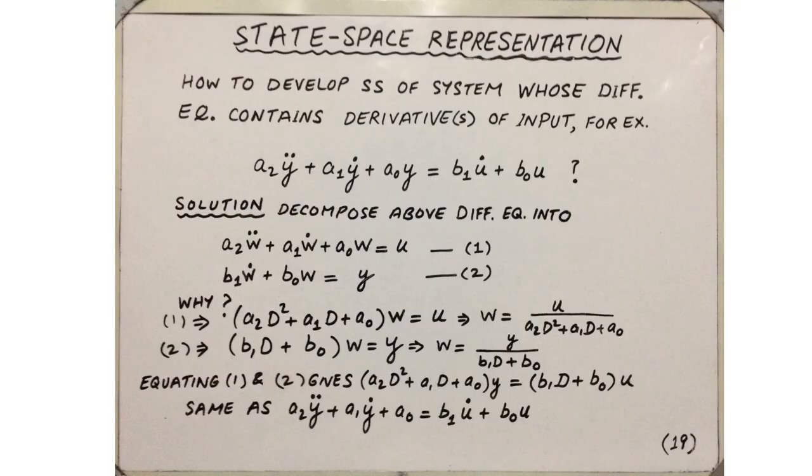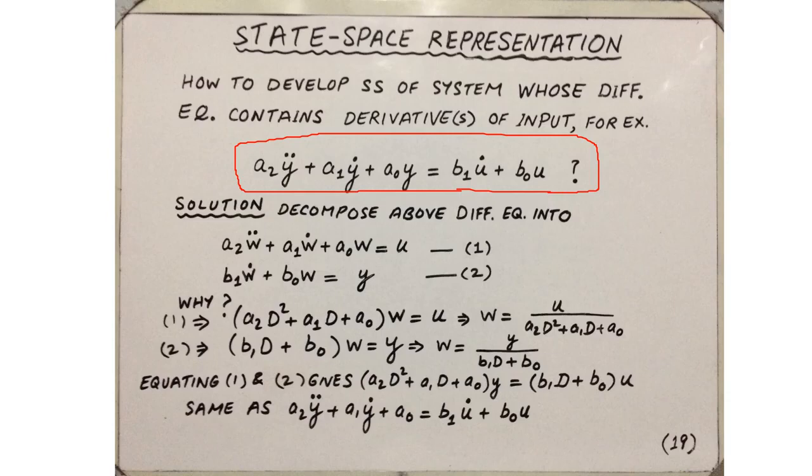The state space example that we saw in the previous slide was relatively simple in the sense that the differential equation did not contain the derivative of the input on the right hand side. But very often in the formulation of the differential equation, it may be the case that the right hand side does contain derivatives of the input.